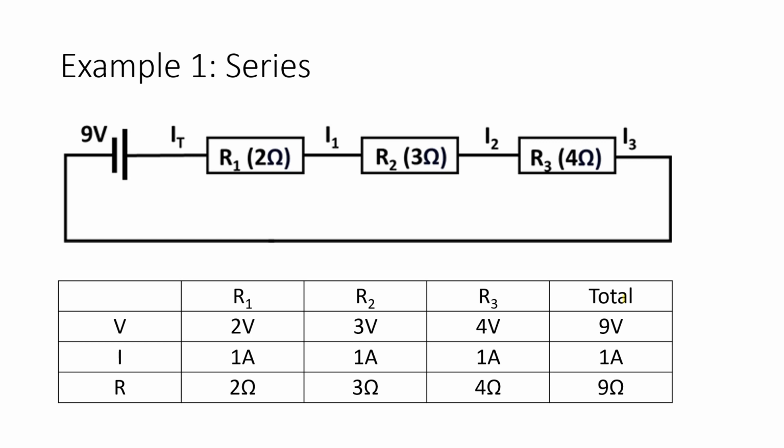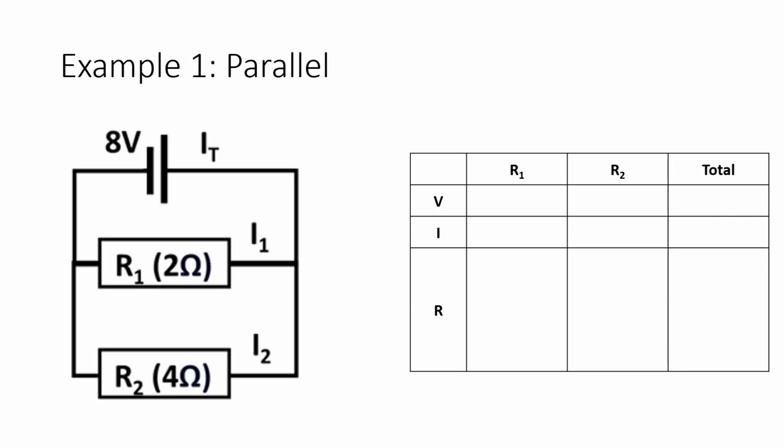Next example. This is a straightforward parallel question. Do the table, all the R's and the totals, V equals IR. When you're done with the table, continue. If not, you can pause. Then the next thing is we fill up the values. We have 8 volts, fill here, total. Because in parallel all the voltages are the same, you fill up both 8 volts. Then we have the resistance 2 and 4 ohm.